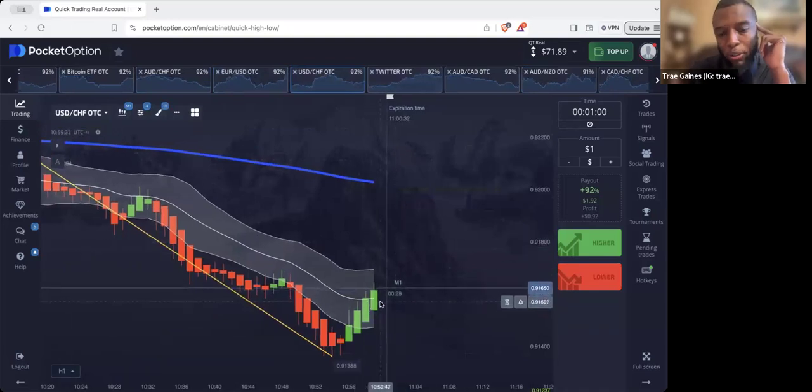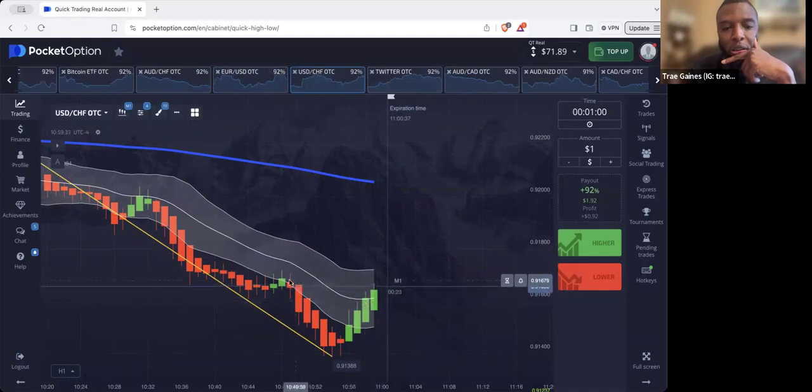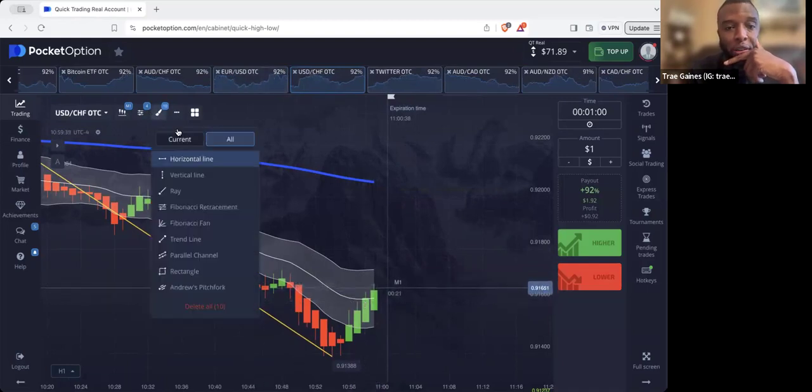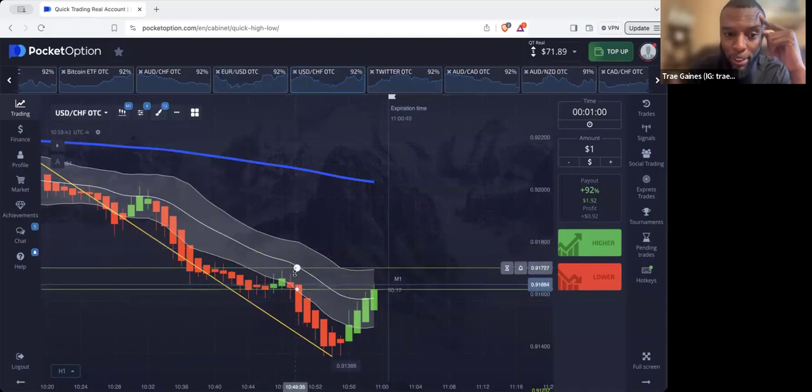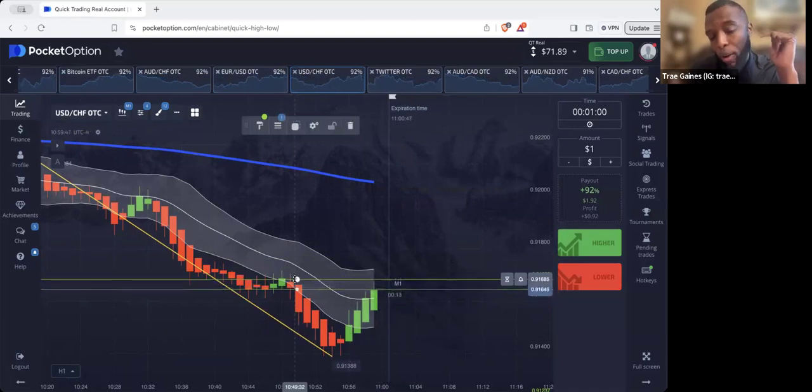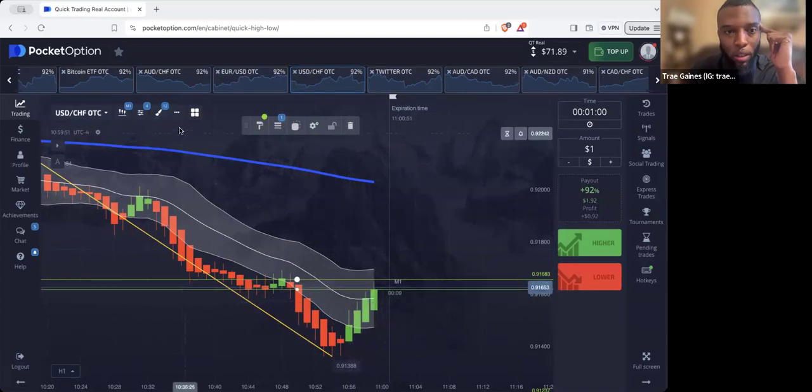So this would have been my second touch. I missed that first touch. If you look left, most of the time there's normally a master candle either right above or right in line with that middle Keltner.